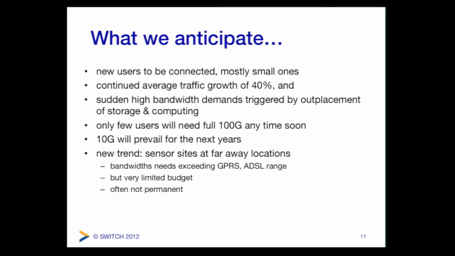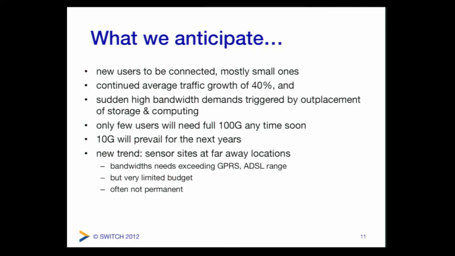We don't expect many customers to use 100 gigabit in the coming years. We will have a few, but that's it. 10 gigabit will be very important, could also be more important if we can offer 10 gigabit protected lambdas. So for us, it's clear that we have to support this natively. And then we have something new.